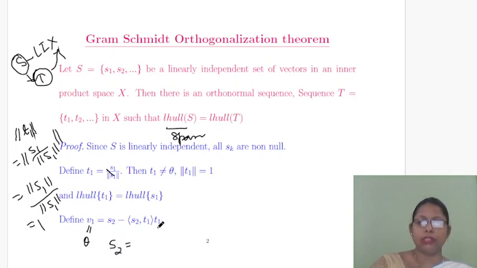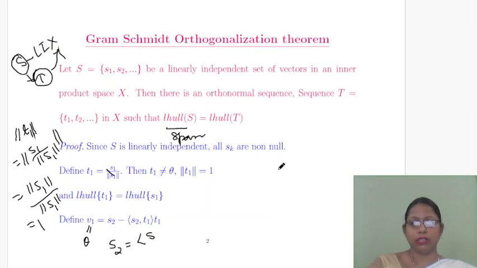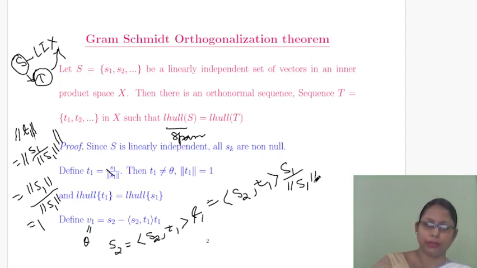Next, if B1 is equal to theta, then S2 is a scalar multiple of T1. Now T1 is my S1 by norm of S1, so put this value of T1 as S1 by norm of S1.